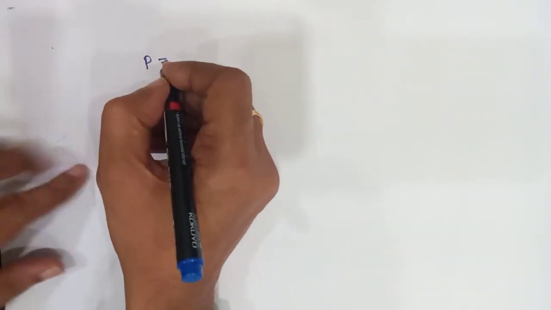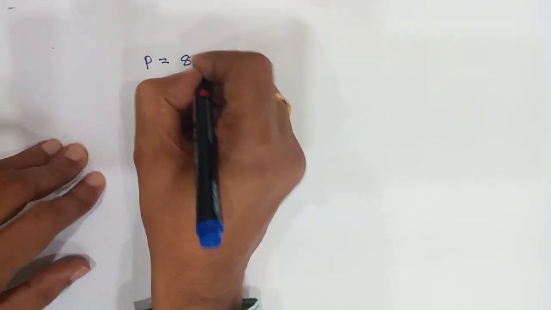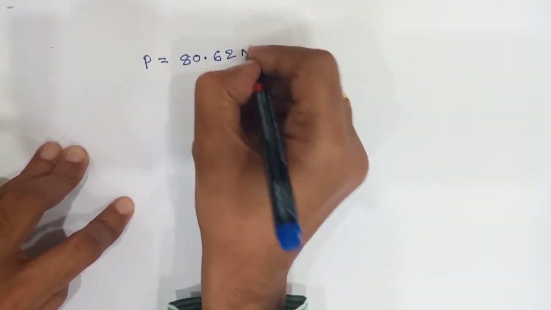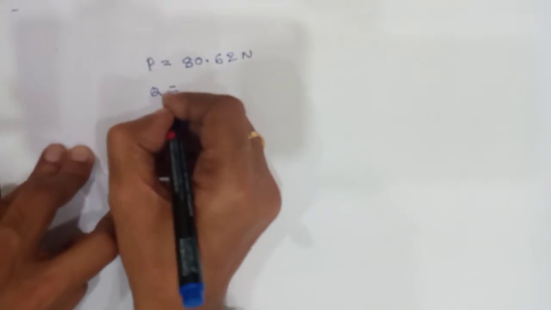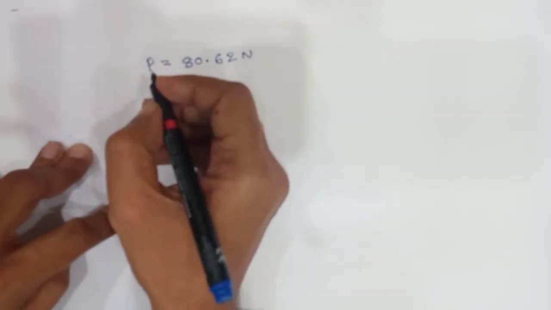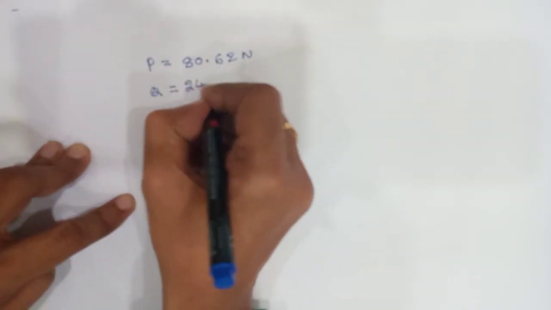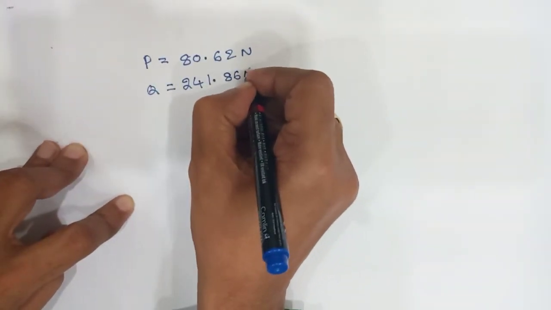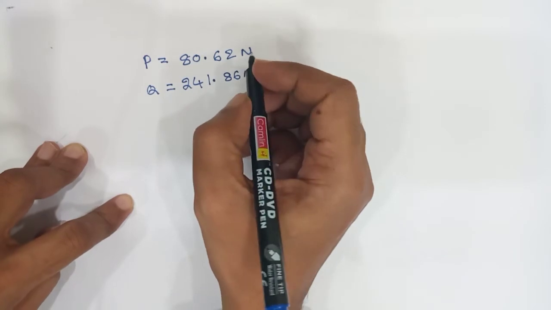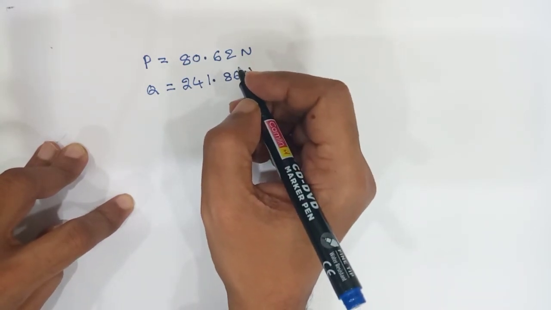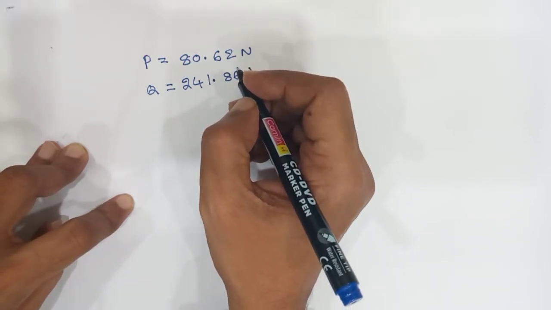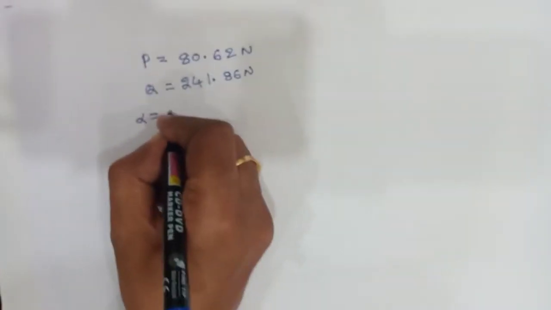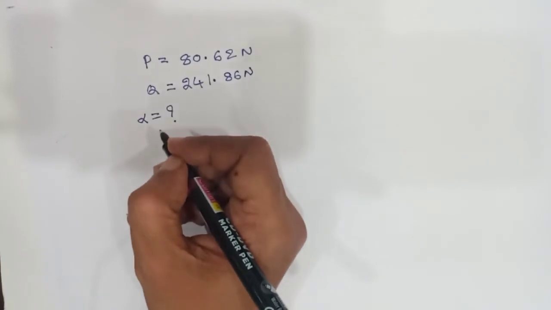P value is equal to 80.62 newtons and Q is equal to 241.86 newtons, and the angle between them, that is alpha, is equal to how much, that we have to calculate.